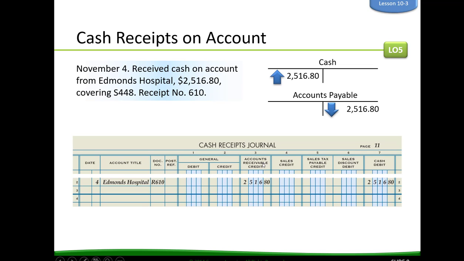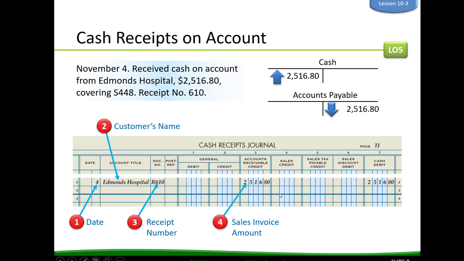So you're going to have an accounts receivable credit and your cash debit. This time we actually do have an account title to reference this to. This is going to go to Edmonds Hospital. The doc number is going to be R610, because that's the receipt number 610. And the accounts receivable credit is the amount that they paid us. It is going to match the cash debit.